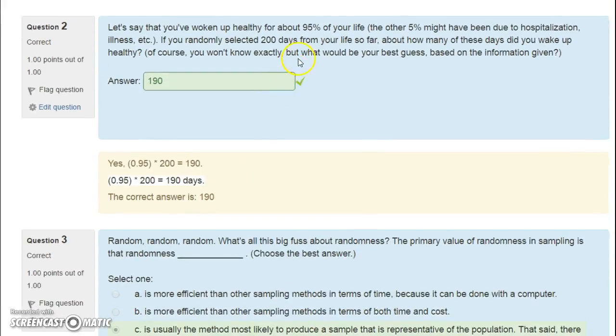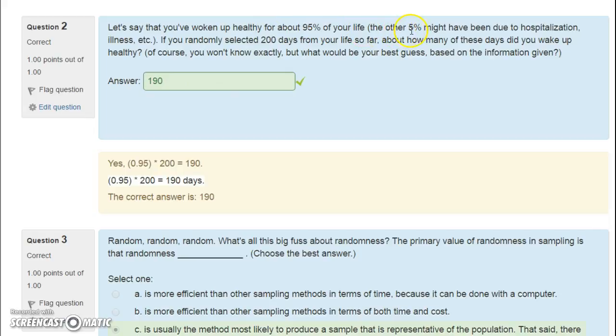Number 2, so we wake up healthy for about 95% of our life, and if we randomly select 200 days from our life so far, about how many of these days did we wake up healthy? So if we woke up 95% of the time healthy, that would be 95% times the 200 to give us 190.